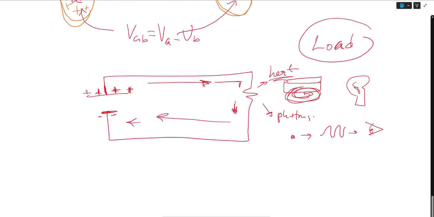But essentially, if I were to take a probe and measure my voltage here, the amount of electrons here, I might get 9. And if I measure the amount of electrons here, I might get 2. So that means that there is a voltage rise from B to A of 7 volts.